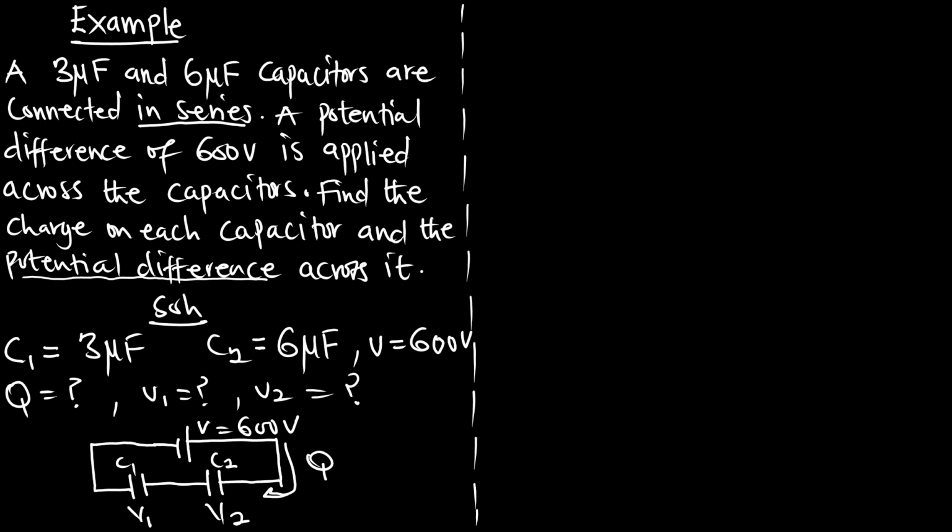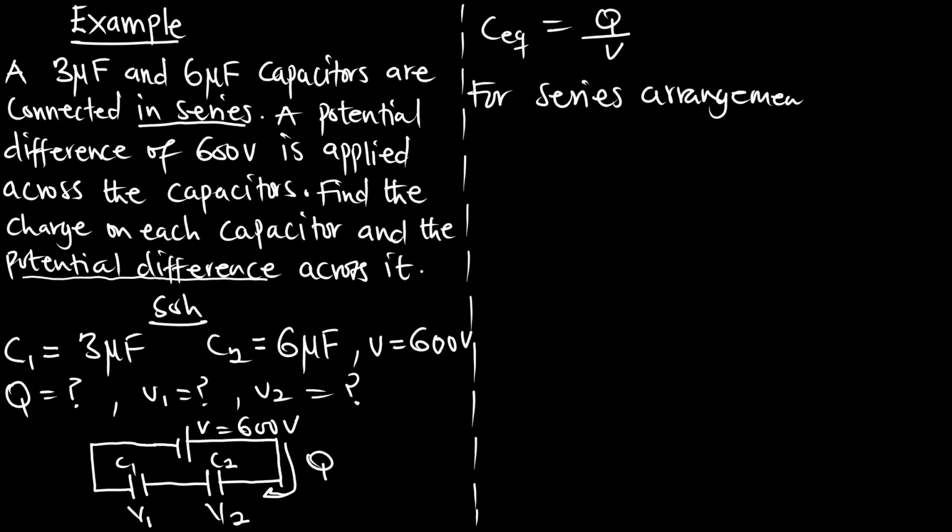Now, what do we have? Let's find the total capacitance, which is the equivalent capacitance. And let's write this for a series arrangement of capacitors.